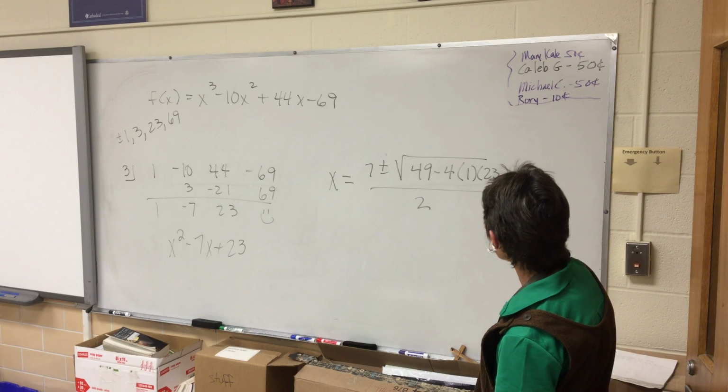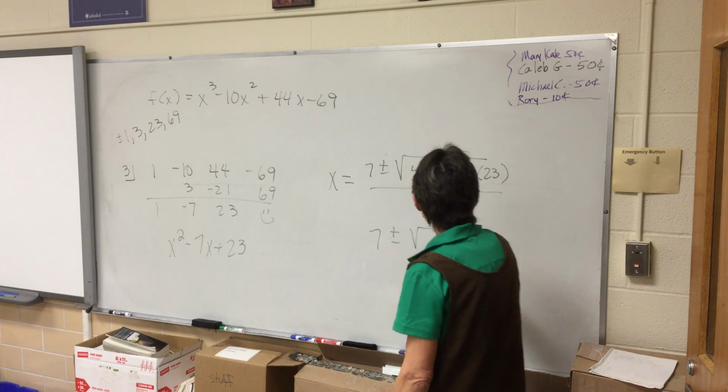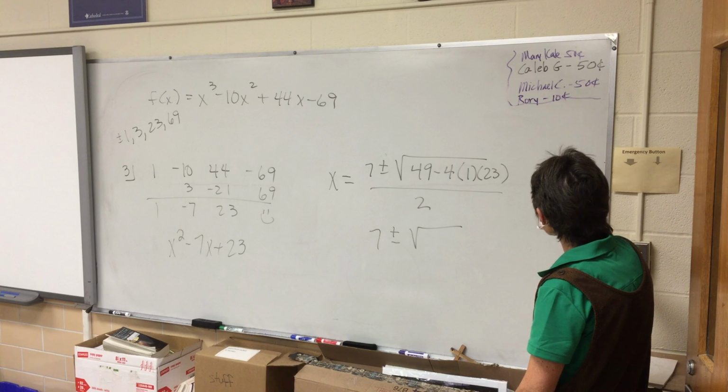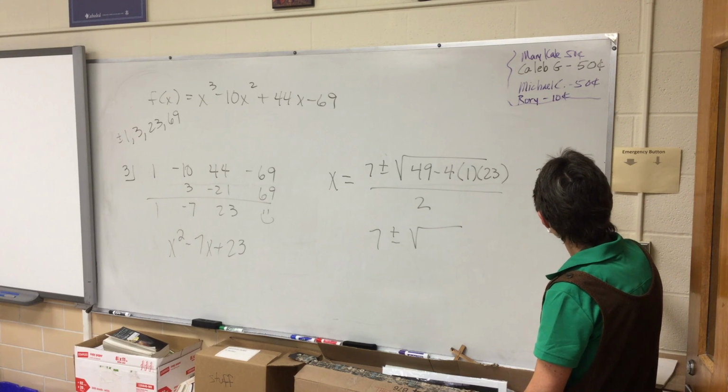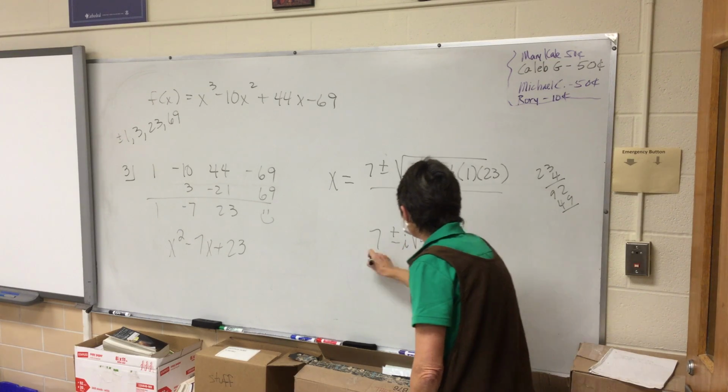I think I keep blanking out. Is that right? I think that's right. So 7 plus or minus, what's under there? -43. 23 times 4 is 92. What did you get? -43. Yeah, I think that's right. So I root 43.